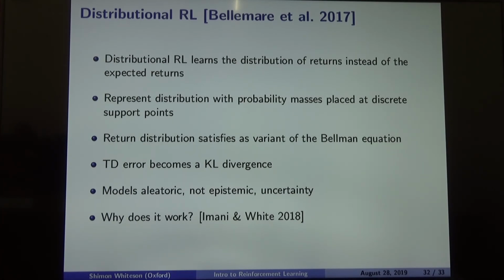Aleatoric uncertainty is uncertainty that is a consequence of the stochastic nature of the world. Like if I have a stochastic MDP, then the transitions from one state to the next are modeled in an inherently stochastic way. So it doesn't matter how much data I get from that MDP. I could have a billion, a trillion, a zillion data points from that MDP.